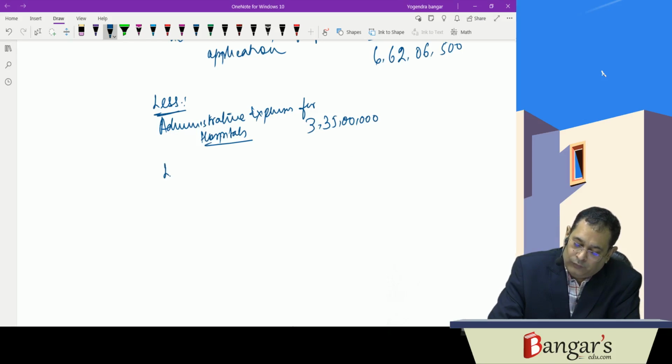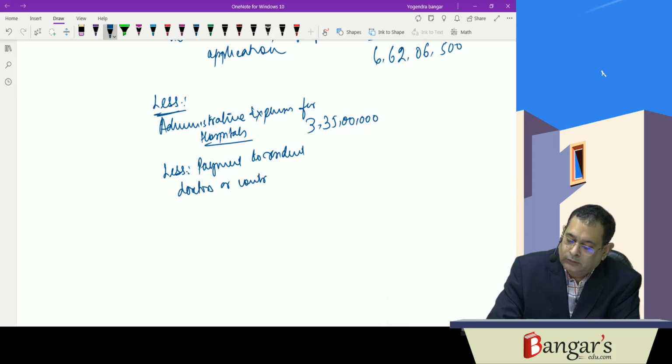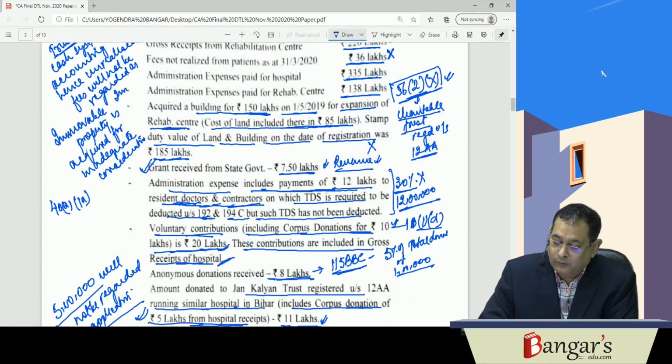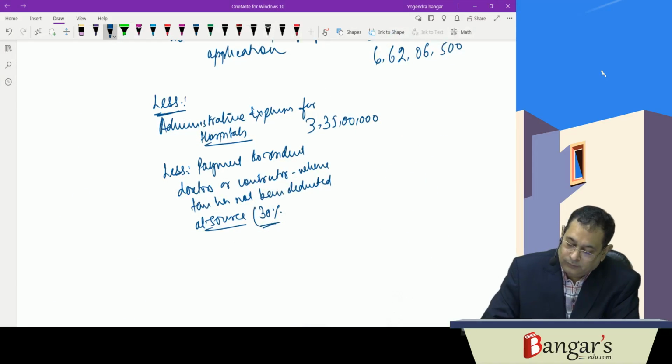So here, payment to resident doctors or contractors where tax has not been deducted at source will not be regarded as application. 30% of 12 lakhs, 3 lakh 60,000, won't be regarded as application.